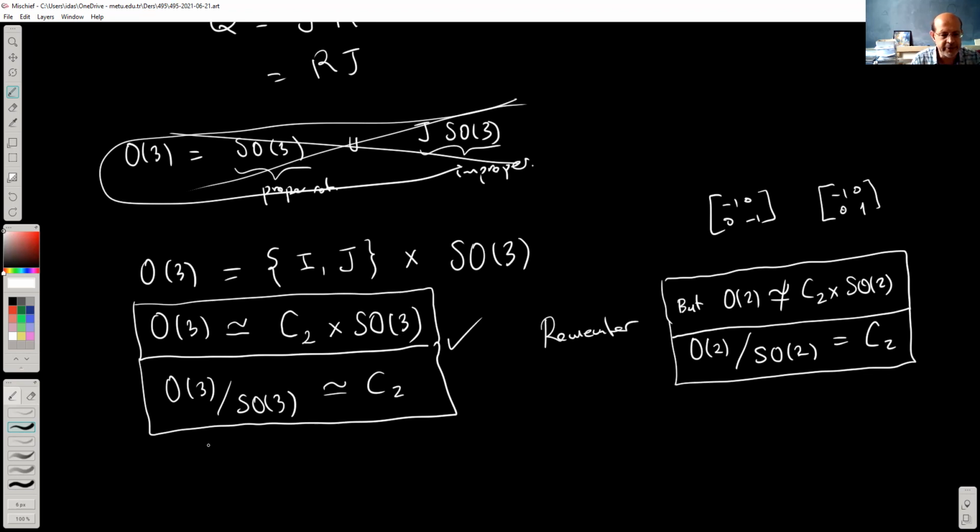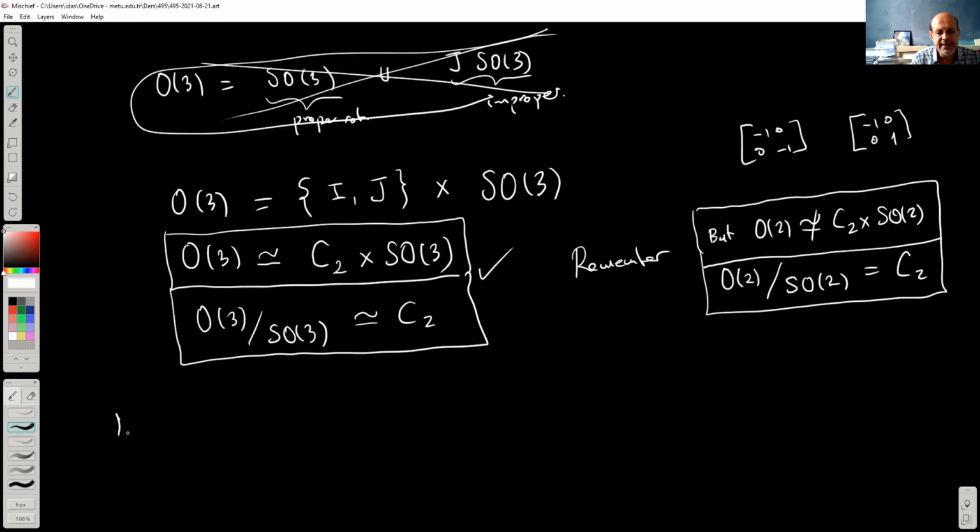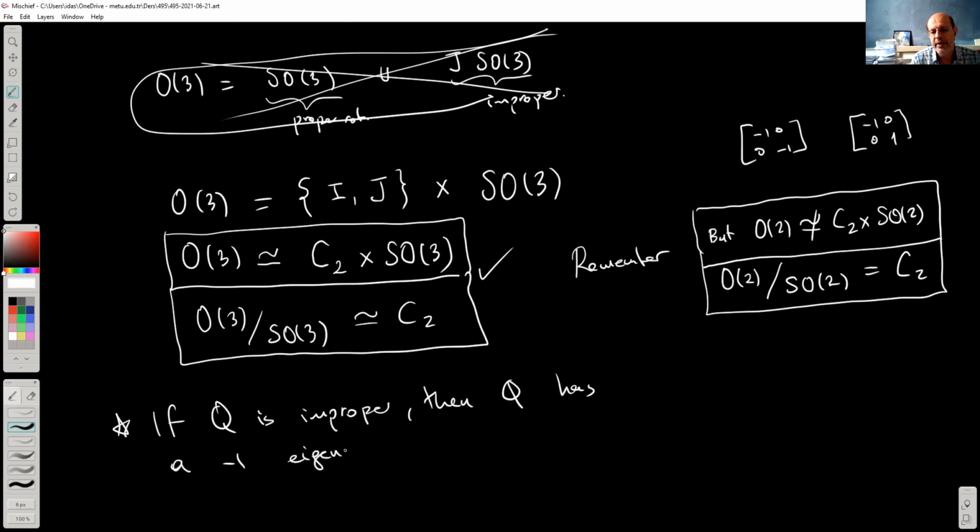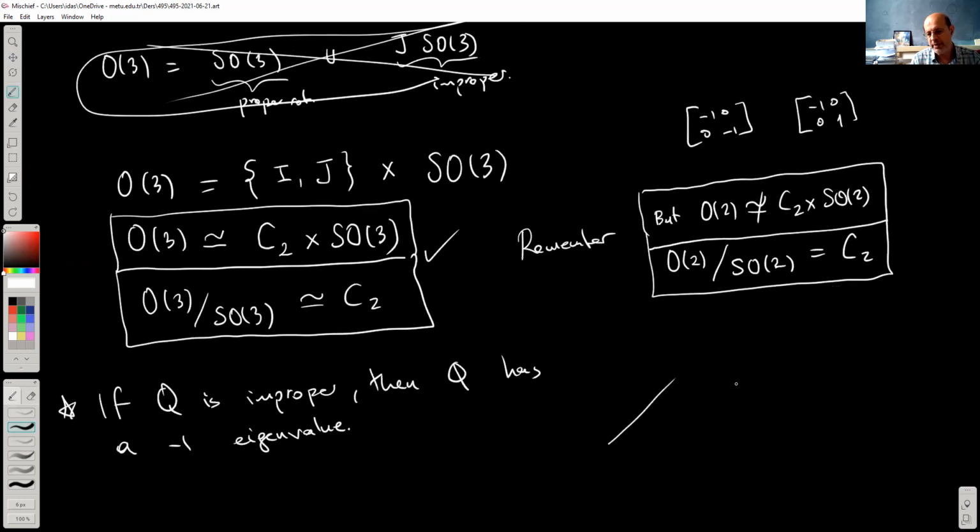But using the facts that we have said about the rotations in SO3, we can actually say things like, let's say if Q is improper, then Q has a -1 eigenvalue. For any improper rotation, I can say this, which means that there's an axis in here.